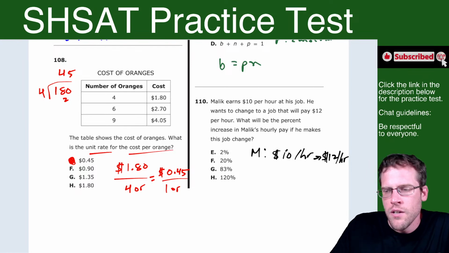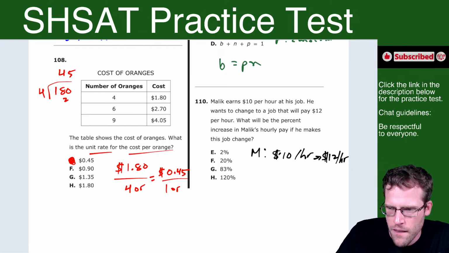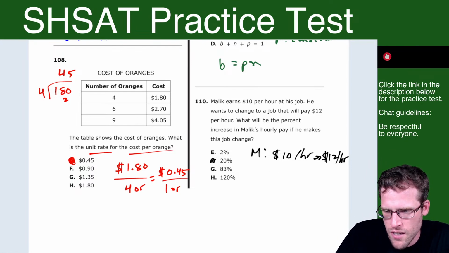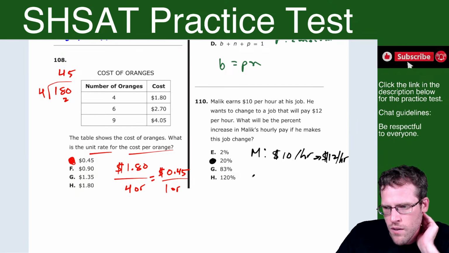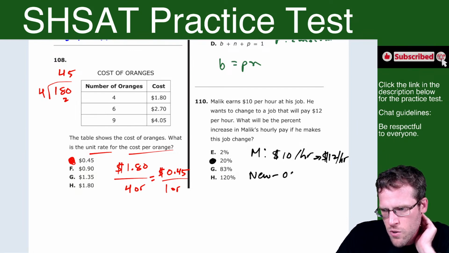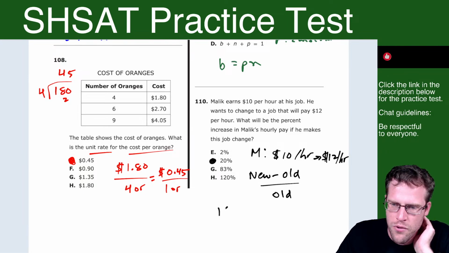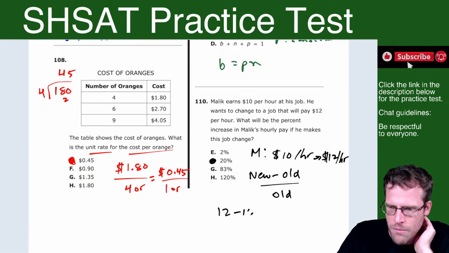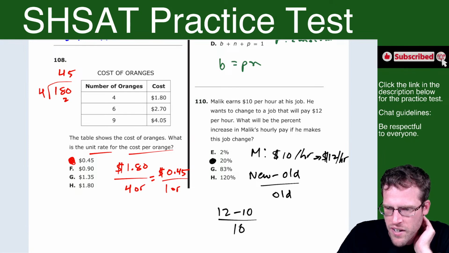Oh, okay. So the percent change, I just know it's 20%. How do I make this nice? I guess new minus old over old. So the new rate is $12 per hour minus the old rate, 10, divided by 10.